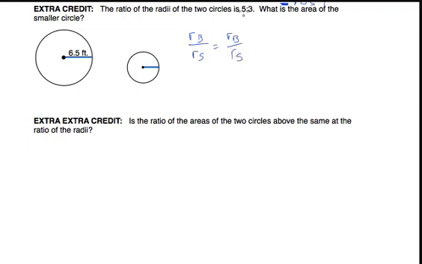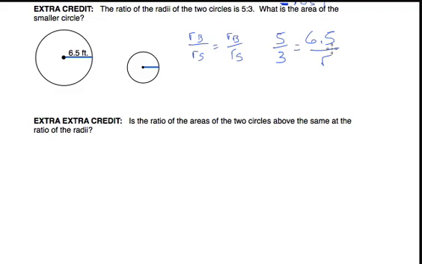So we know that the proportion between the radius of the big to the small is 5:3. And we know that the actual radius of the big circle is 6.5 feet, and we don't know the radius of the small circle, but we can easily figure it out.